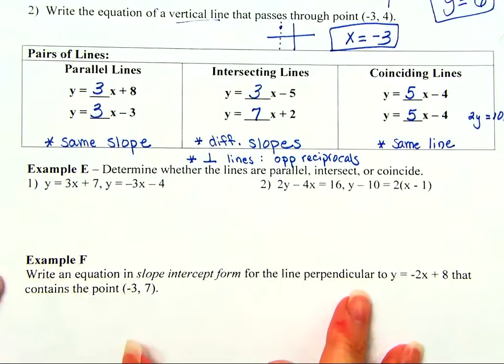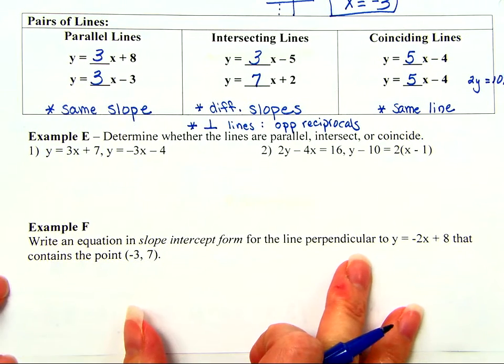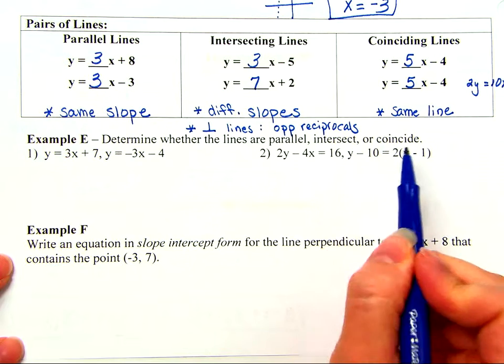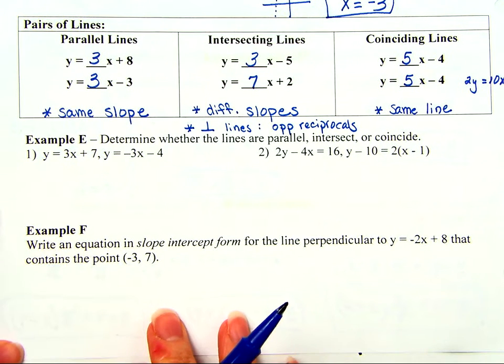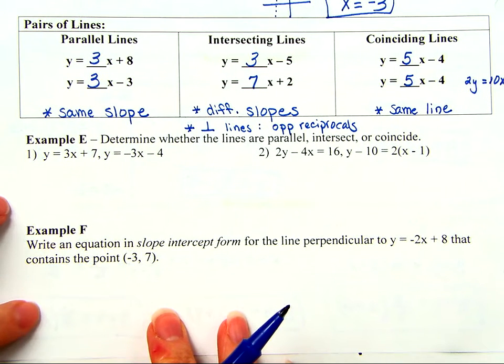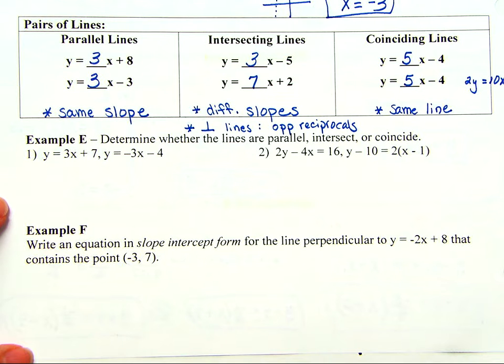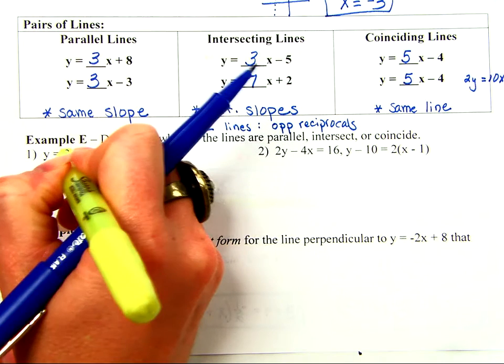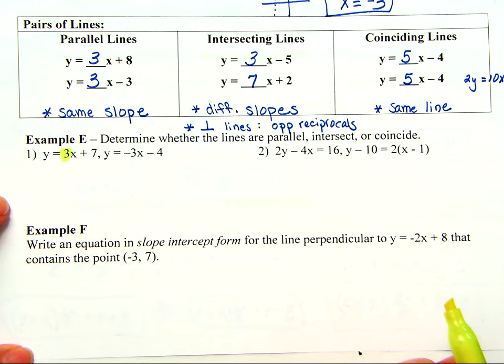In example E, they're asking us to determine if the lines are parallel, intersecting, or coinciding. The first thing we want to do is make sure we're comparing them written in the same form. We have to compare apples to apples. If I look at number 1, they are written in the same form. I'm going to look at their slopes here. My first equation, y equals 3x plus 7, has a slope of 3.